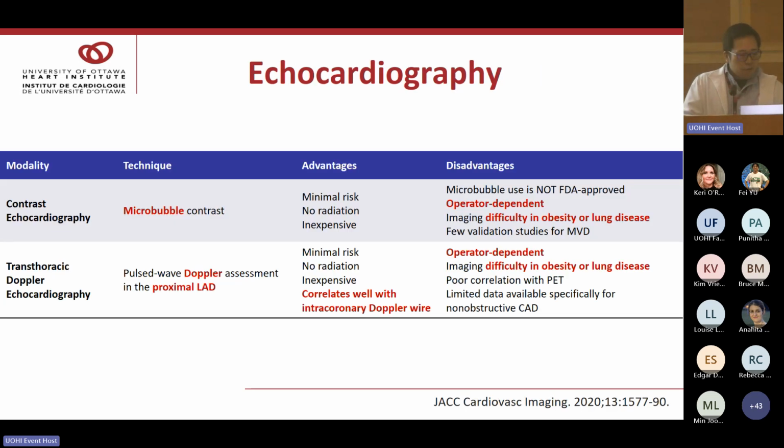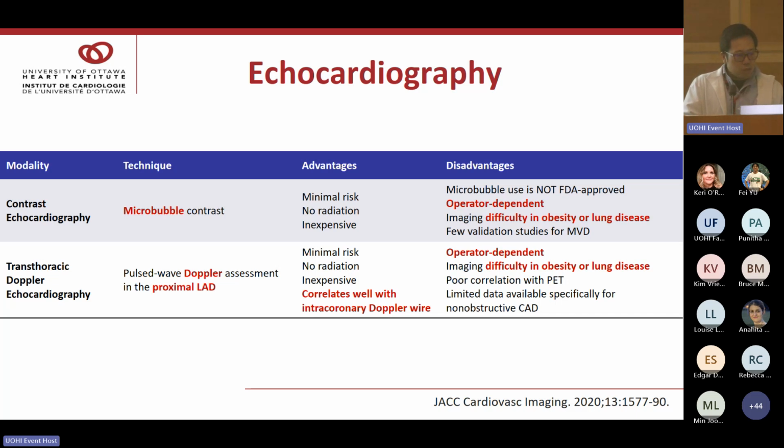In terms of echocardiography, there are 2 approaches: contrast echocardiography and transthoracic Doppler echocardiography. Contrast echo uses microbubble contrast, which allows quantification of myocardial blood flow by assessing microbubble velocity. But there are very few validation studies for coronary microvascular dysfunction.